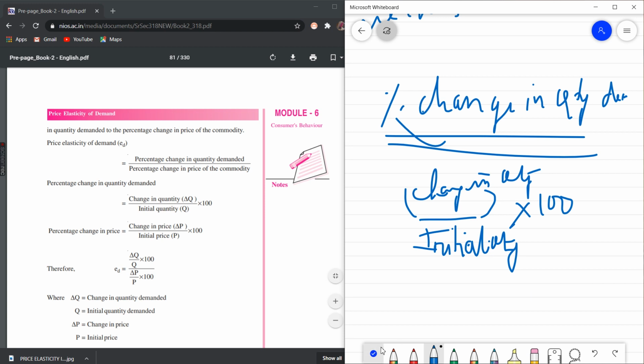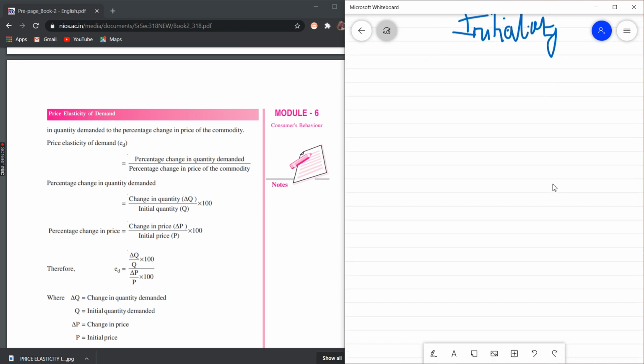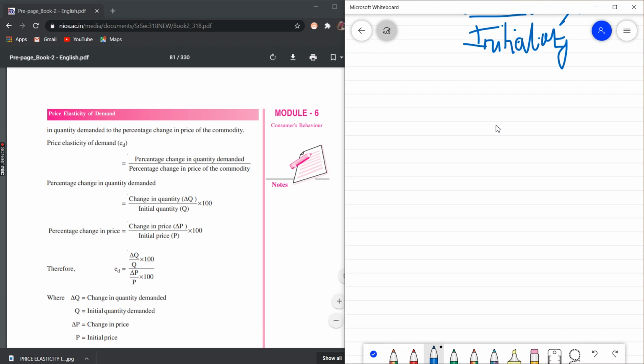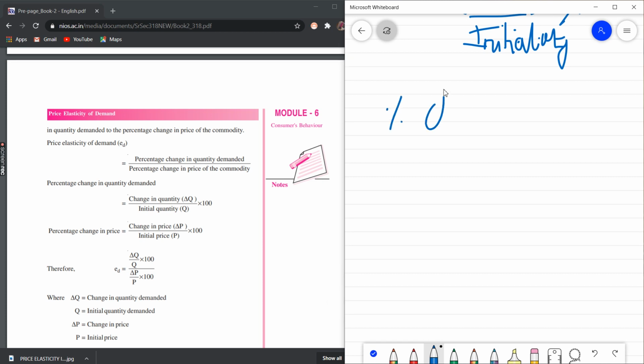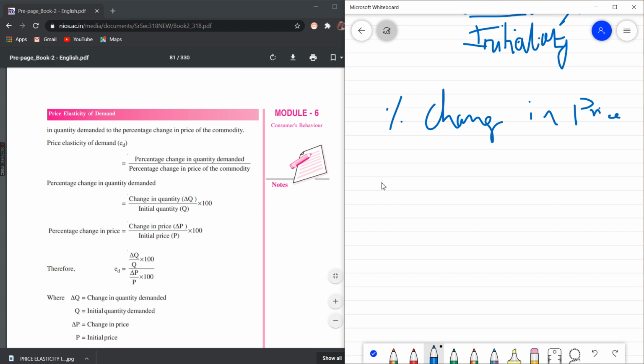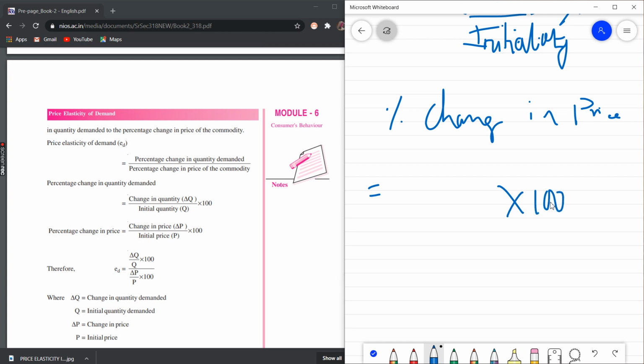And the next one is the percentage change in price. The same case as before: percentage into 100. To convert a number into a percentage, you multiply the same number by 100, divided by the initial price or total price.